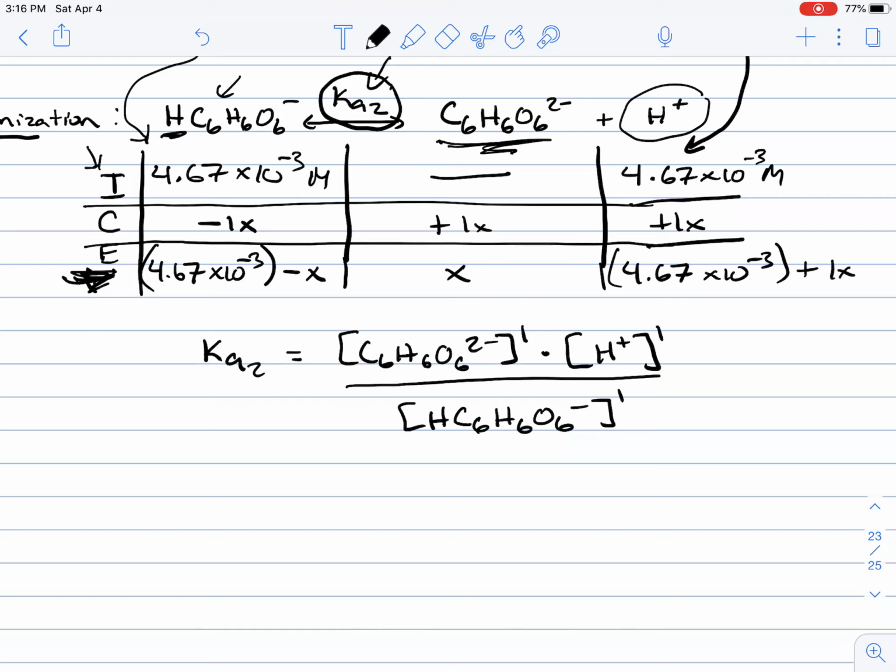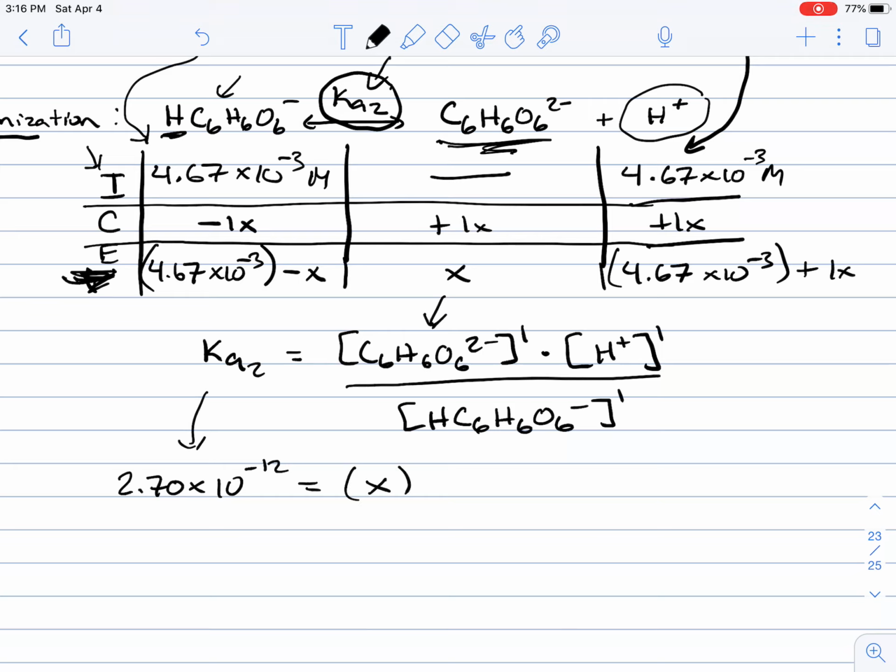And so let's see here, Ka2 was 2.70 times 10 to the negative 12. That's going to equal C6H6O6 negative 2, so that's going to be x.